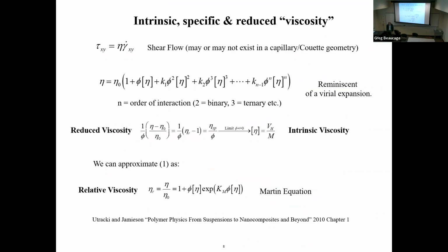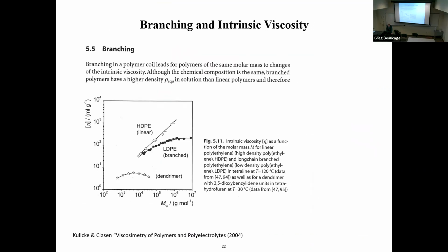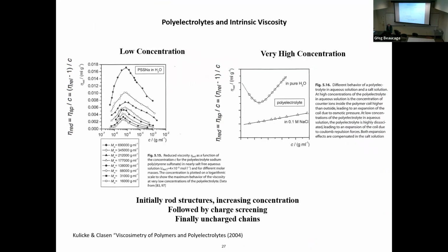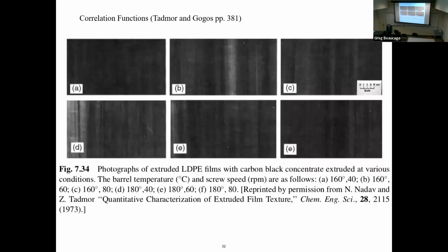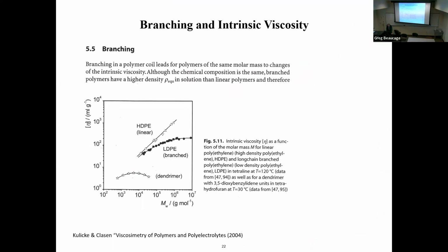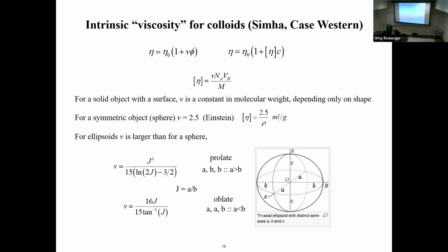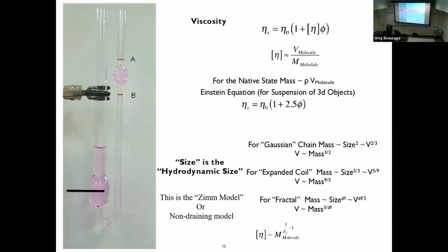So if that thing's C star, then we can get the dimension of the chain from that, because we know the mass goes with size to the fractal dimension. We know the fractal dimension changes with expanded and collapsed chains. And from that, we can get the structure of the chain from a simple viscosity measurement. So for a Gaussian chain, this is going to give you this law, 3 by df.